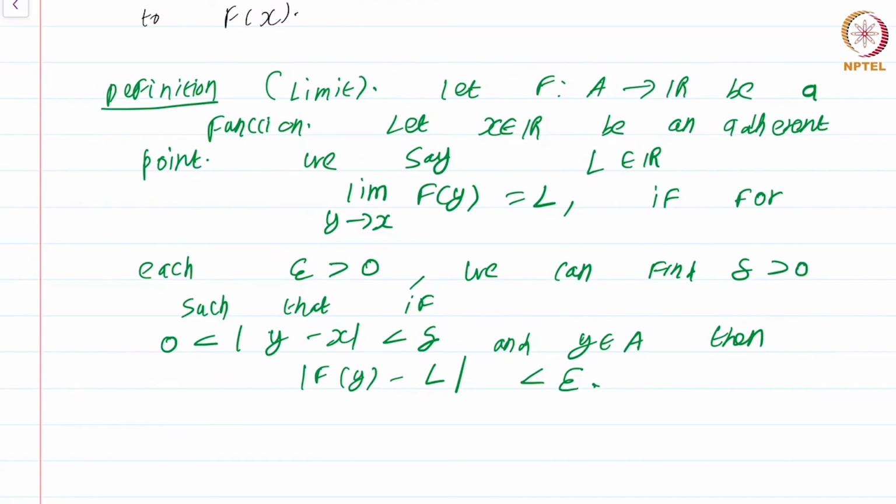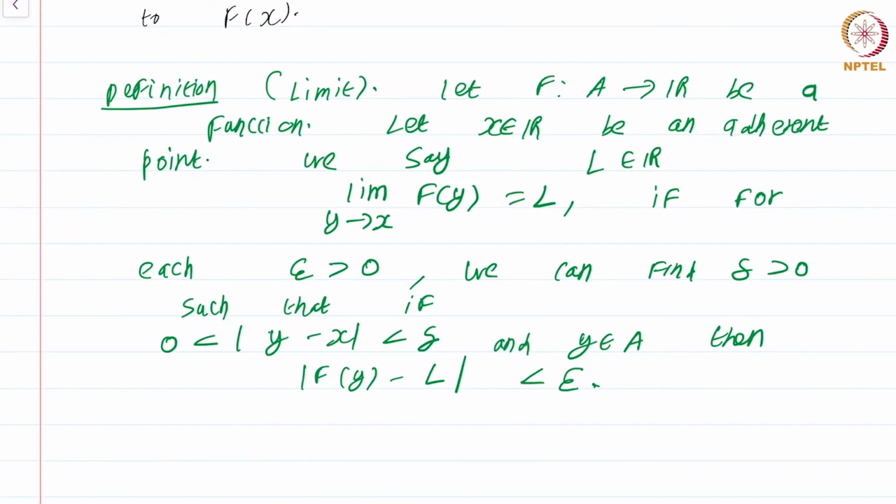We pick an adherent point. This point x need not be an element of A. The function f need not be defined at the point x.